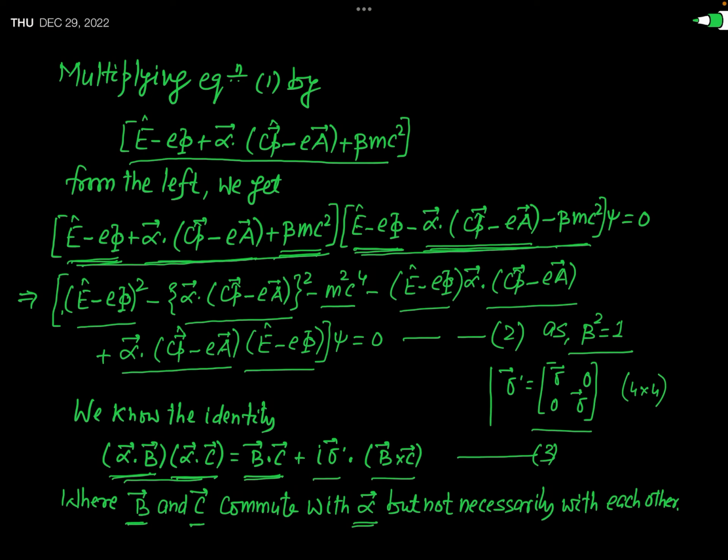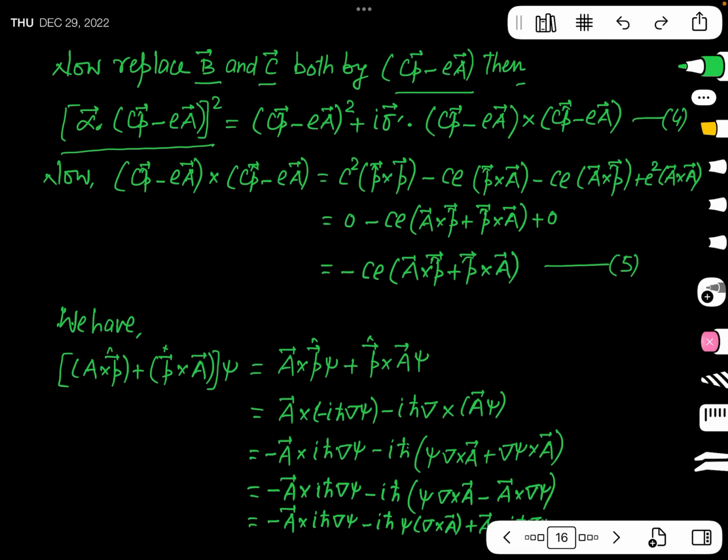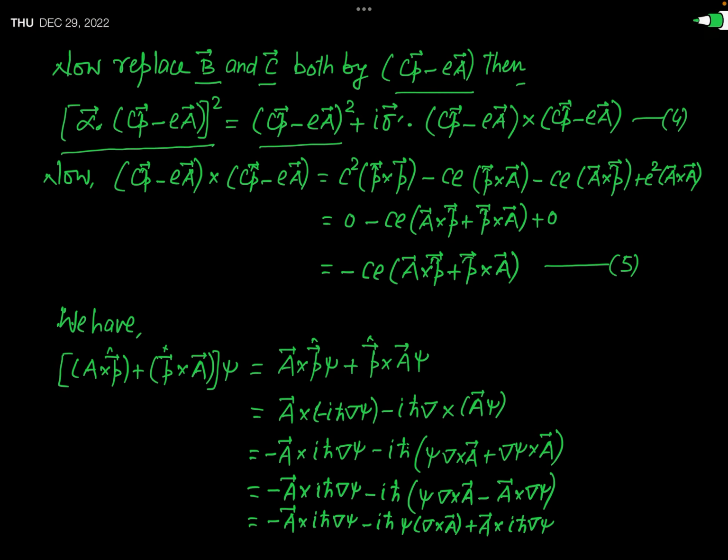So this will be simply b squared, because the scalar product of a vector with itself is equal to the square of that vector. So that will be simply (cp minus eA) whole squared. So the first term is (cp minus eA) whole squared. And what is the second term? The second term is iσ'·(b cross c).